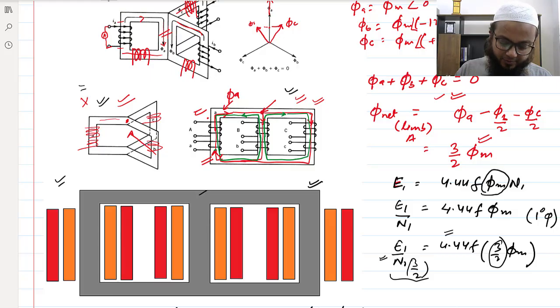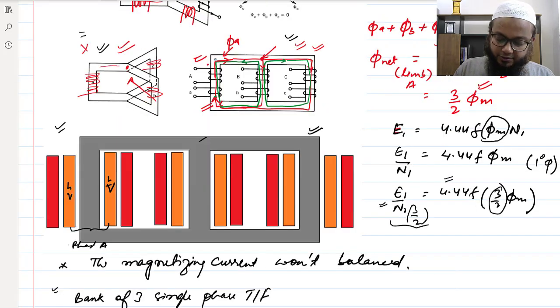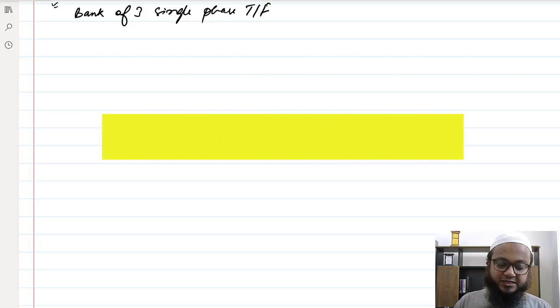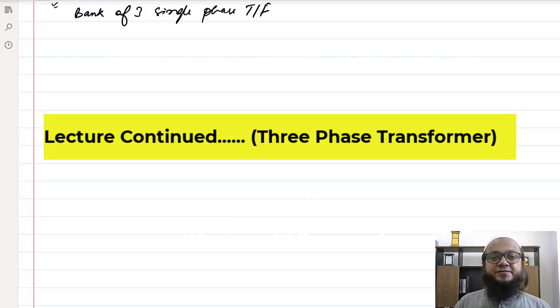If this was, let's say, the low voltage winding, LV winding, for phase A, this would be for phase B, and this would be for phase C. If this is the primary winding or the LV winding, this would be the high voltage winding, as we discussed in the beginning of the lecture on transformers, the construction of it. So we will discuss the various connections of transformers based on these three single phase transformers.